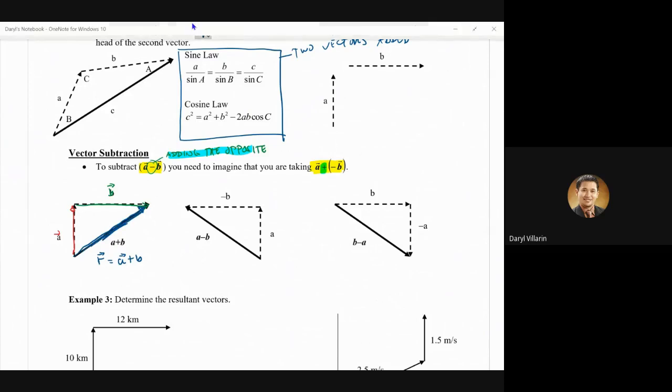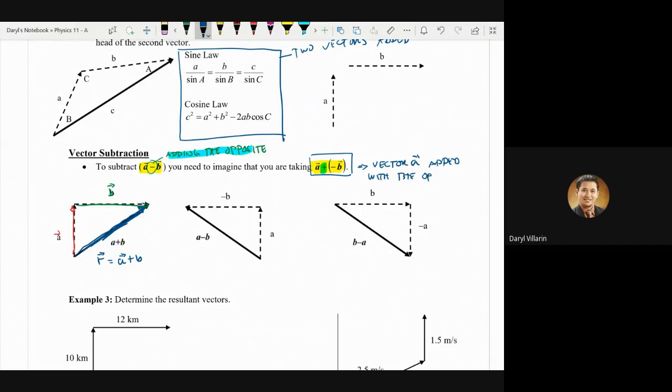Now if you are subtracting a minus b, that is just the same thing as vector a added with the opposite of vector b.